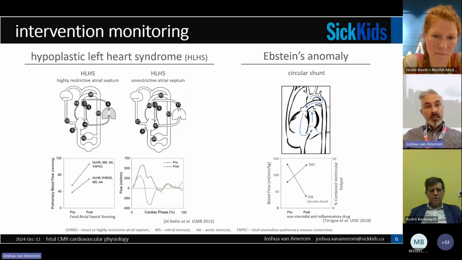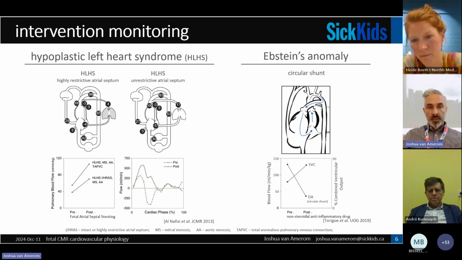And then in Epstein's anomaly, which can be quite detrimental, when there's a circular shunt, you have this blood flow that continuously loops around and doesn't actually go to the rest of the circulation.